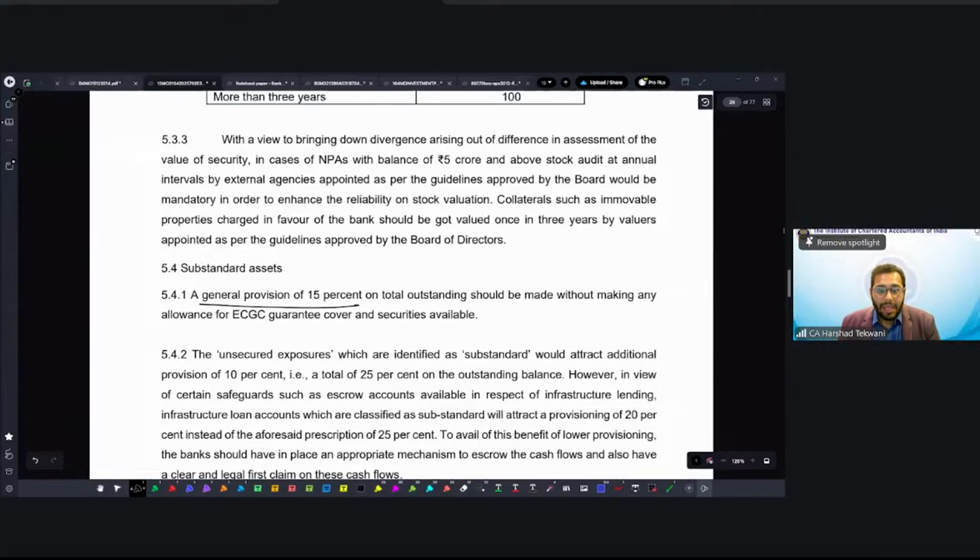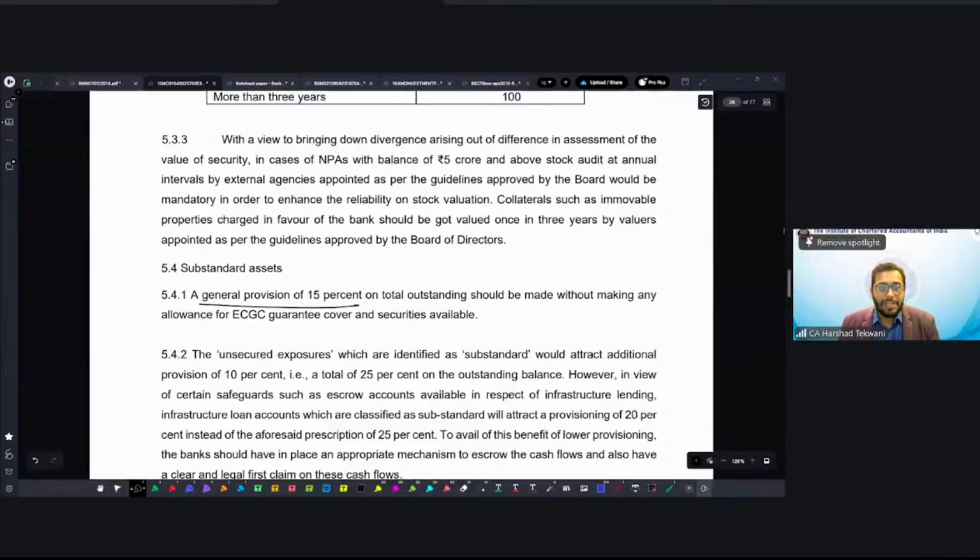But if the bank wants, they can have a different policy to make a higher provision. If the bank says that I want to make a higher provision, fine, make it higher. There is no issue in that.